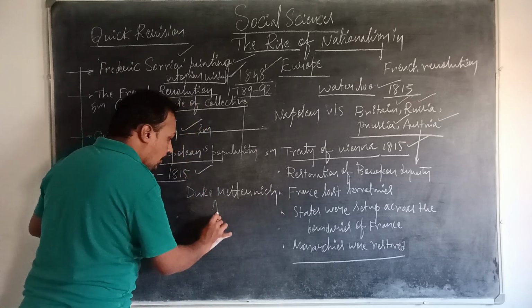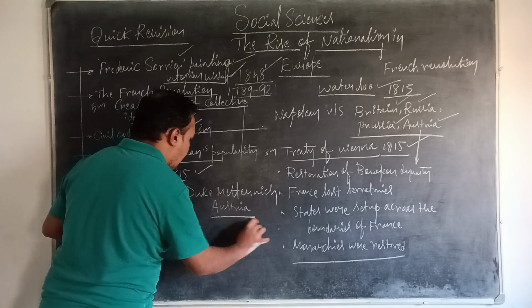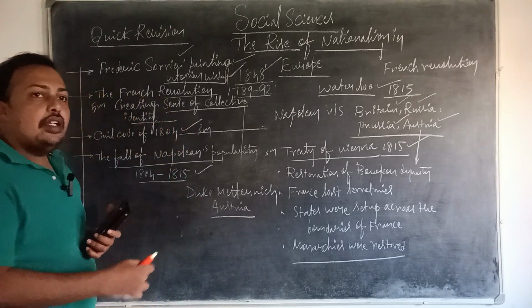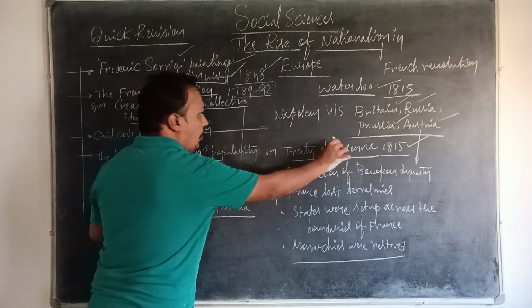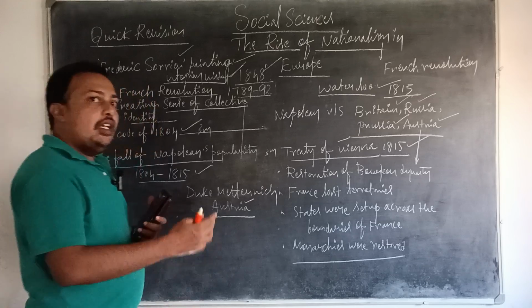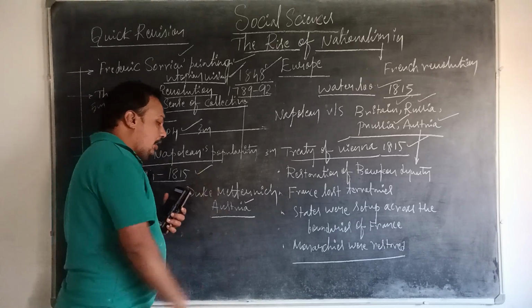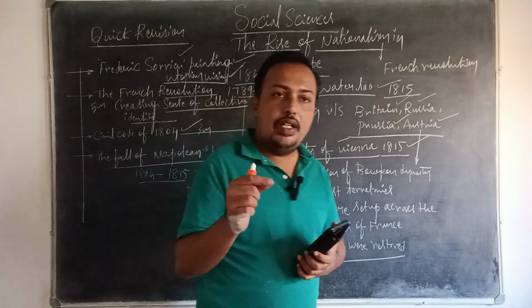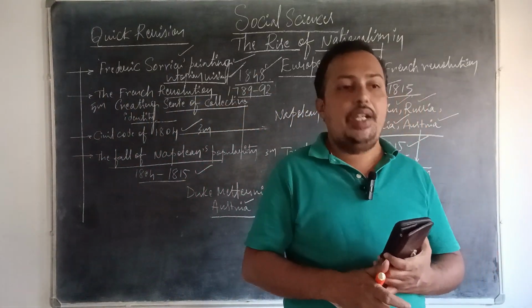He hosted the treaty in Austria. He was an Austrian Duke. So Duke Metternich hosted the Treaty of Vienna at Vienna, in Austria. Vienna is the present capital of Austria. So it is a 1 mark question: Duke Metternich hosted the Treaty of Vienna. It is very important to recall.